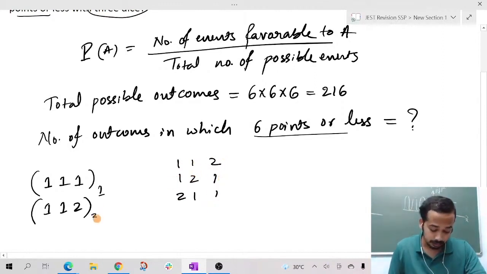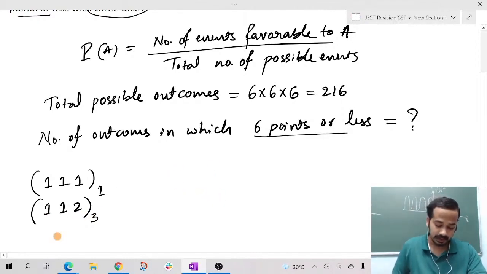Like that, there are 3 possible ways. The total point here is 4. I hope you got this idea.